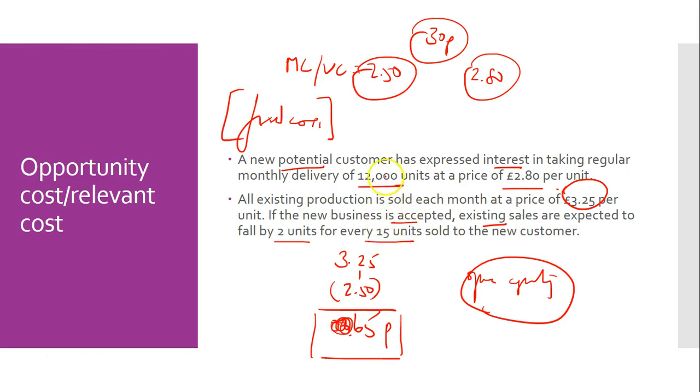So we can work out what that is, because you're going to make a 12,000 delivery. For every 15 of this, you're going to fall by 2. The question is, how much do you fall by?